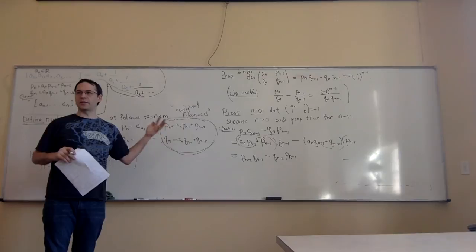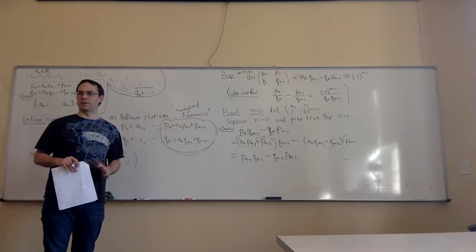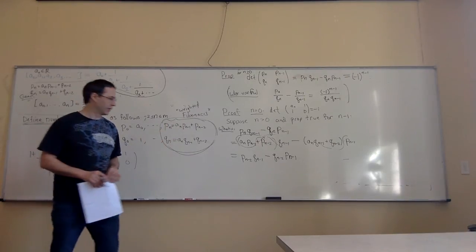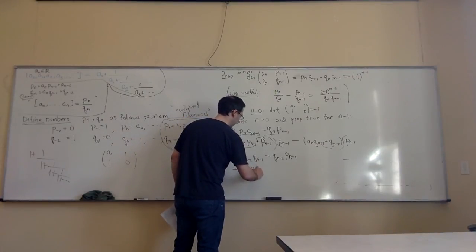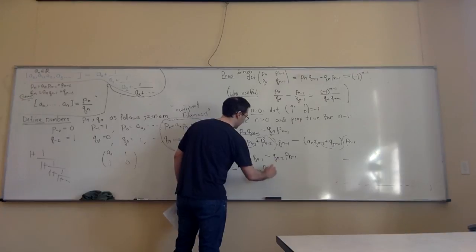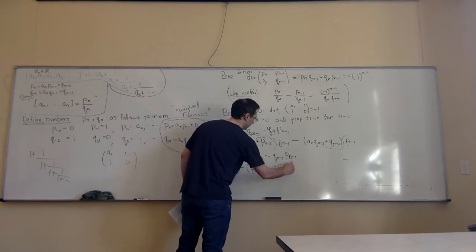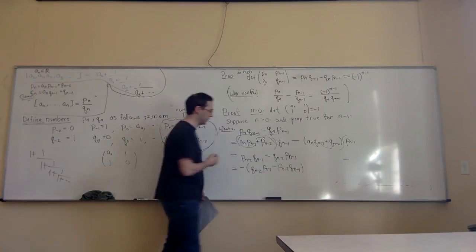But hey, that's almost exactly the thing that our inductive hypothesis is about. It's actually the negative of the thing that our inductive hypothesis is about. Qn minus 2, Pn minus 1, minus Pn minus 2, Qn minus 1. I just rewrote that with a negative sign out front.